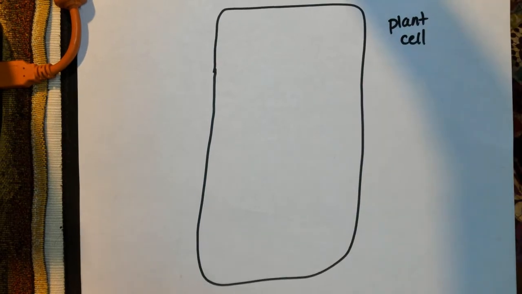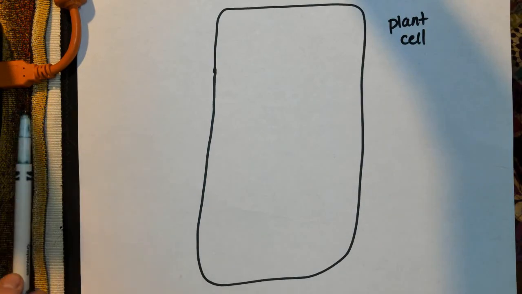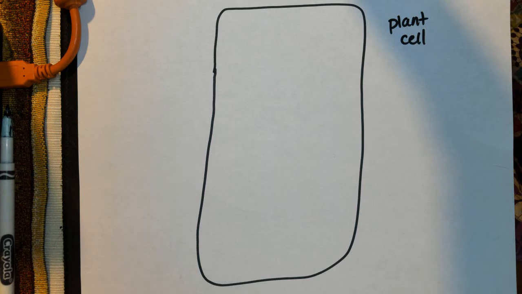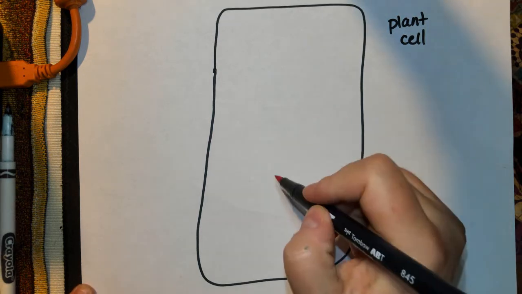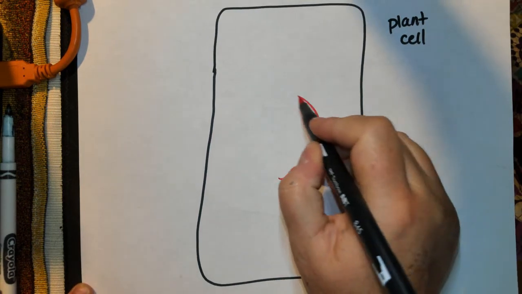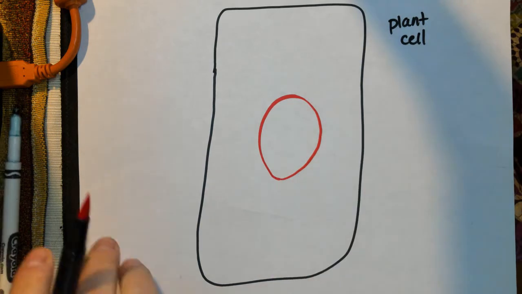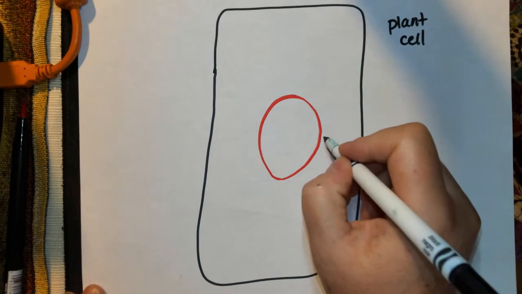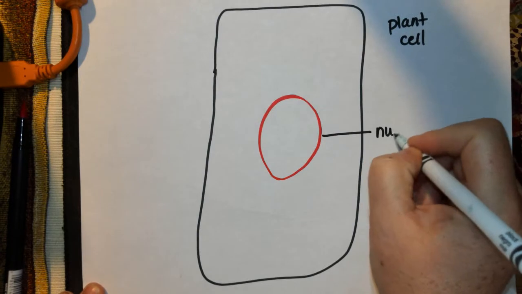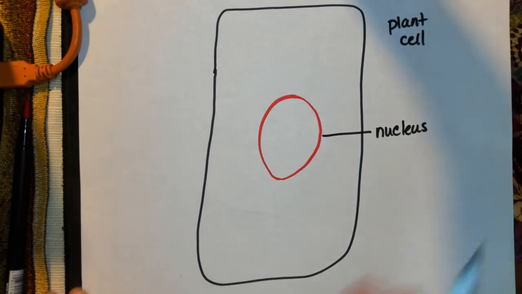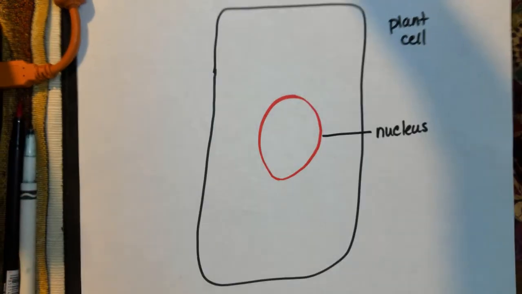Now, there are going to be lots of similarities that we're going to see between the plant and animal cell. The first thing being that plant cells also have a nucleus. So I'm going to draw in the center here, just like in our other one, the nucleus. And within that nucleus, again, we have a nucleolus.